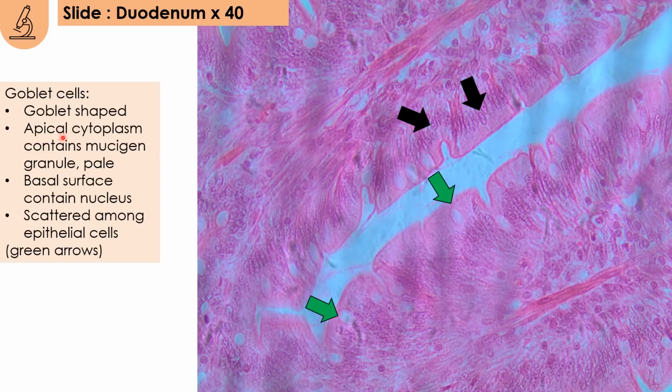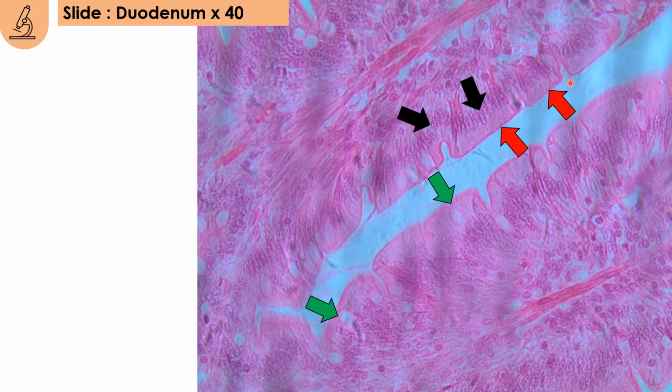So it has apical cytoplasm containing pale granules, and the base has the nucleus, scattered among the epithelial cells. So what is this? This is the goblet cells.